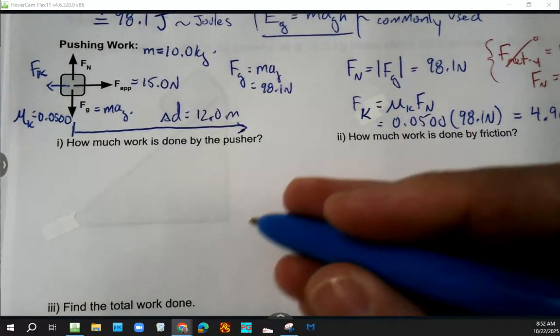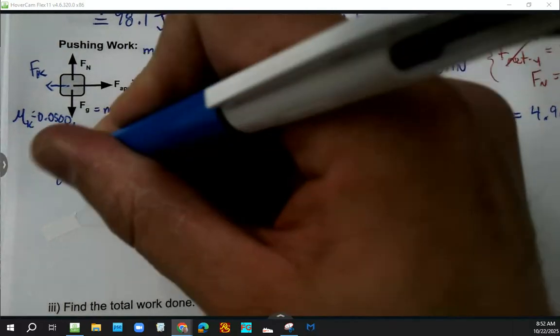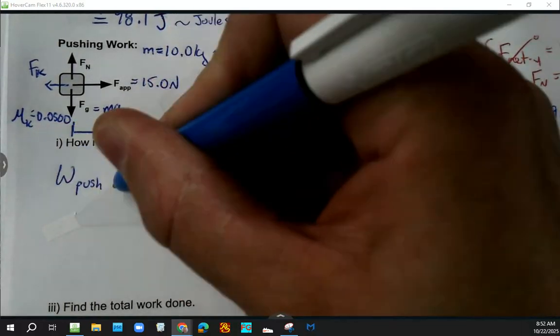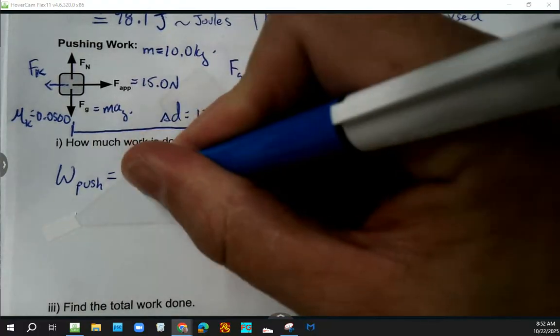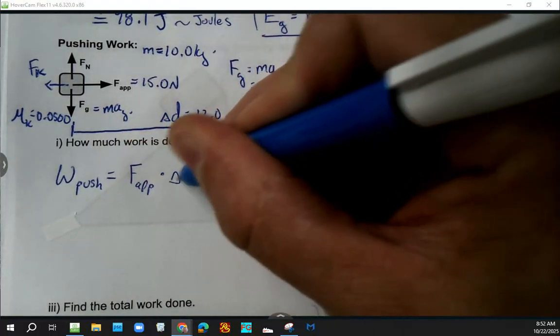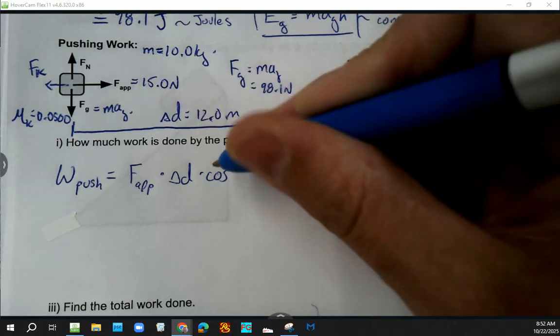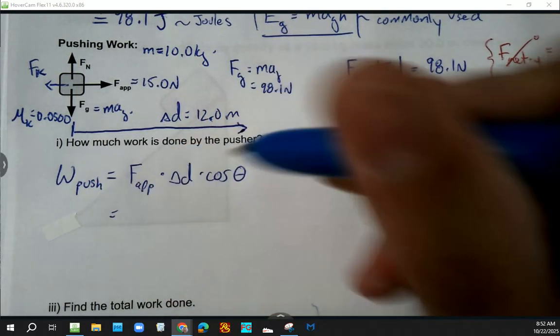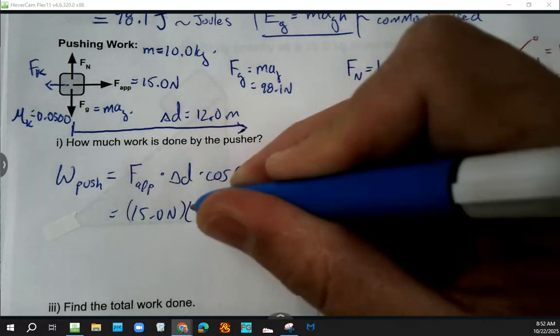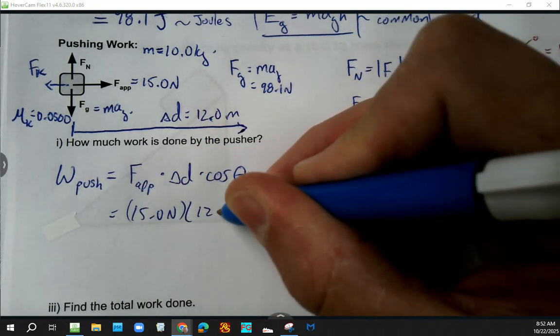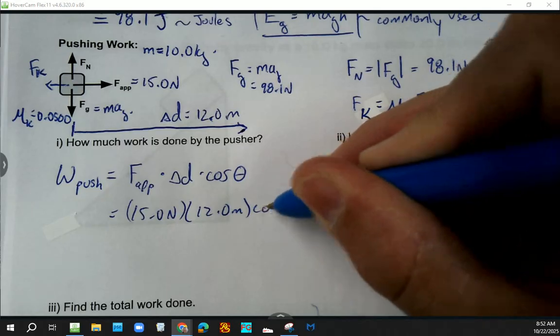So how much work is done by the pusher? Well, work done by pusher, I'll just call it push, is equal to F applied times displacement times cosine theta. F applied is 15.0 newtons. Displacement is 12 meters. Cosine theta, somebody help me out.